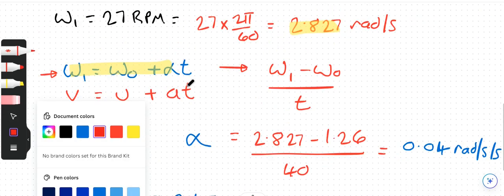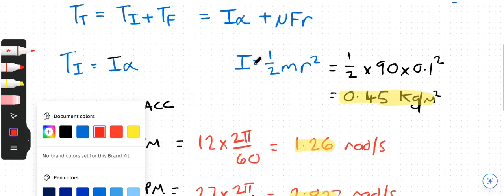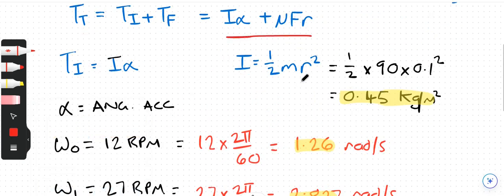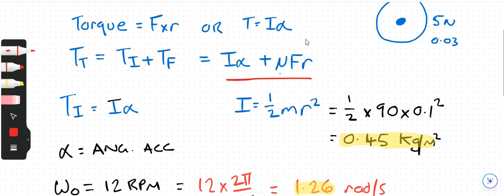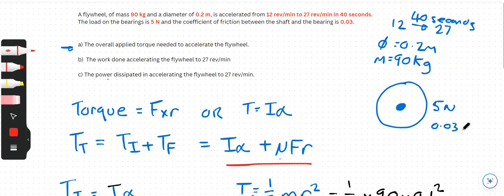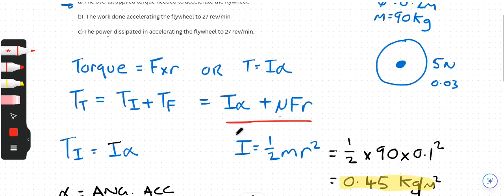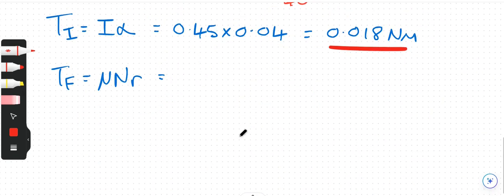The coefficient of friction, which we know, is 0.03. F is the force on the bearing, which is 5, and R is the radius, which is 0.1. We'll work that out and add it to what we've just done, and that will give us the total torque. That will be part A done.